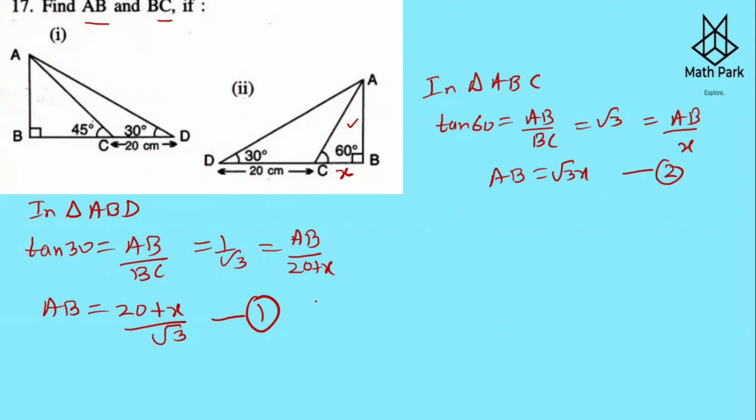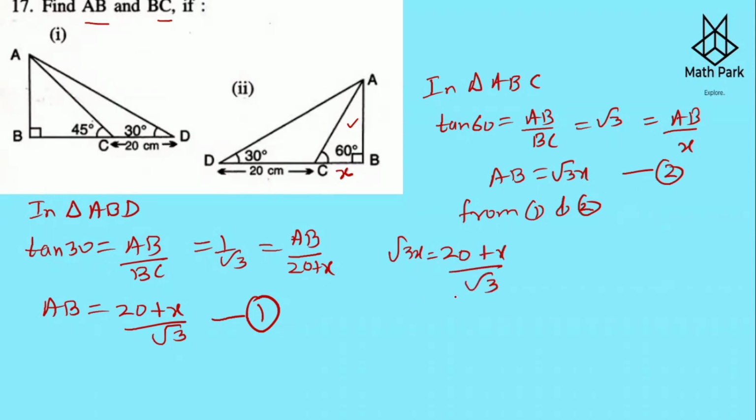So from 1 and 2, since we have two values of AB, we get root 3 X is equal to 20 plus X upon root 3.